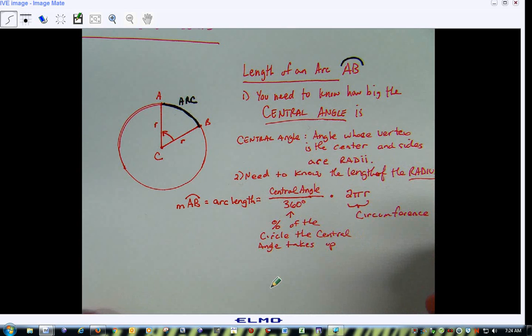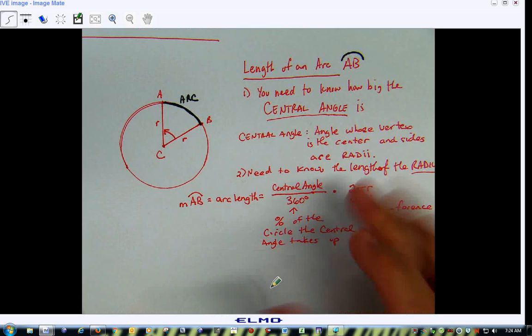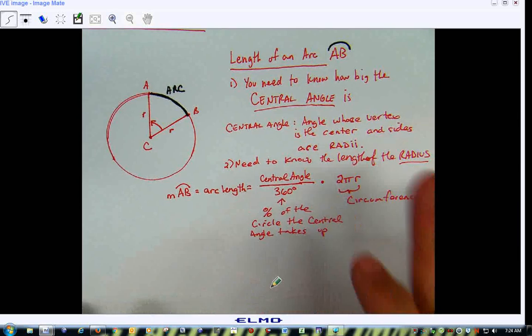Now, I'm pretty sure I gave you a worksheet yesterday, and on that worksheet, sometimes the angles weren't in degrees. They were in what we call radians, with pi and all that.